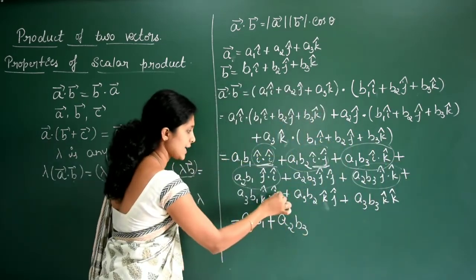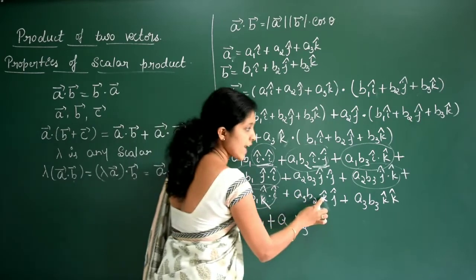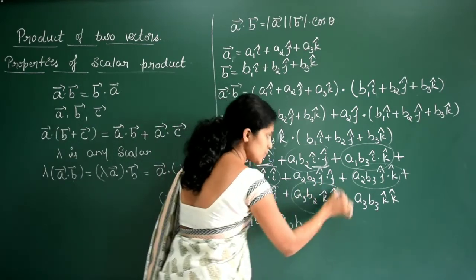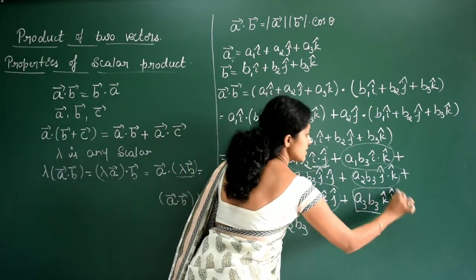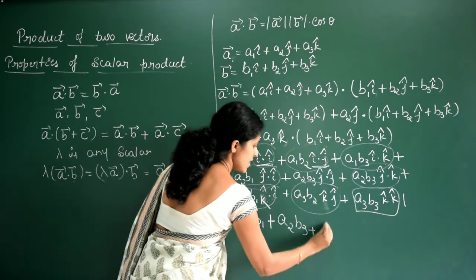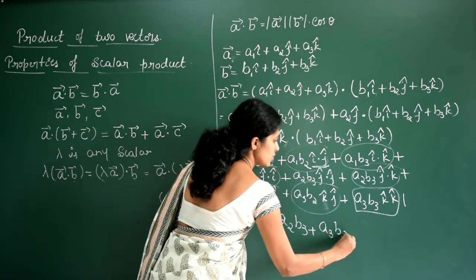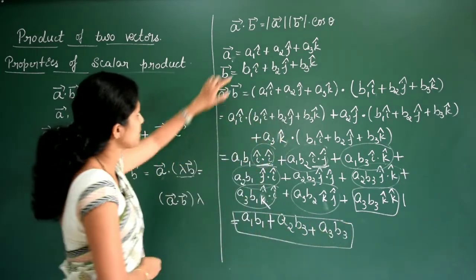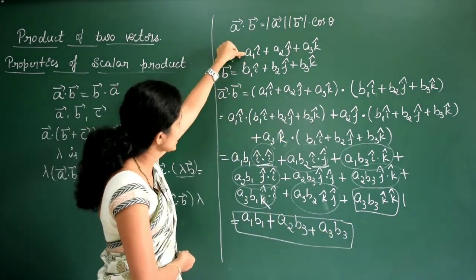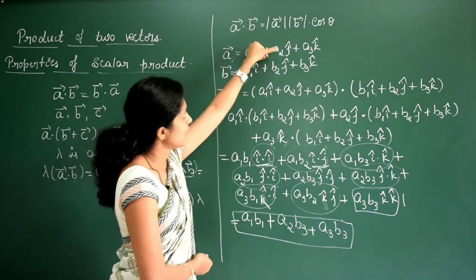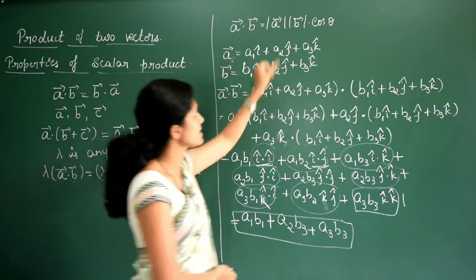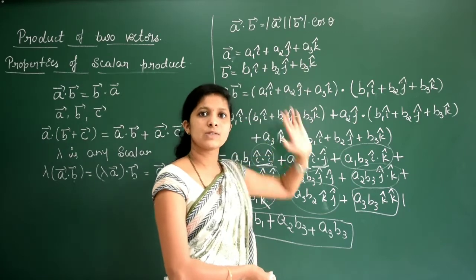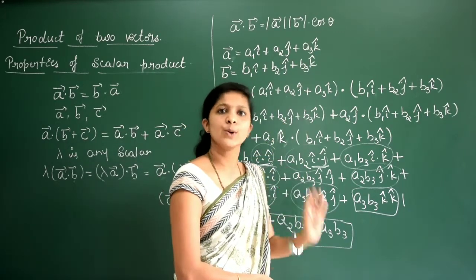Here k and i, again equal to 0. k and j is also equal to 0. Here k and k, so this is equal to 1, so plus A3 B3. So to find the scalar product, what you have to do is just multiply the corresponding terms, that is A1 B1 plus A2 B2 plus A3 B3. So it will give you the scalar product of any two vectors.